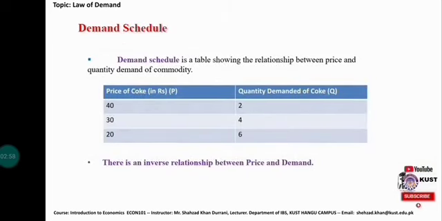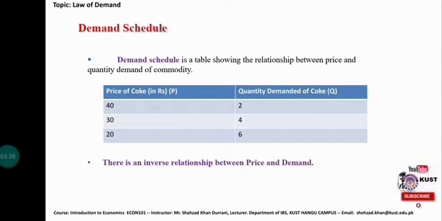What is a demand schedule? A demand schedule is a table showing the relationship between price and quantity demanded of a commodity, of a good. In the table given here we can see the price of coke in rupees and the quantity demanded. If the price is 40, then the quantity demanded of coke is 2. It means you are able to buy 2 cokes when the price is 40.